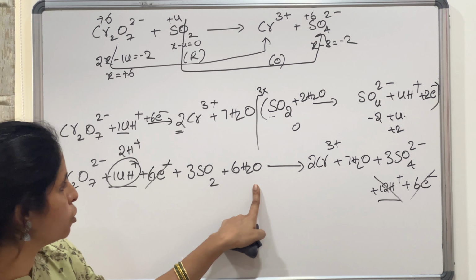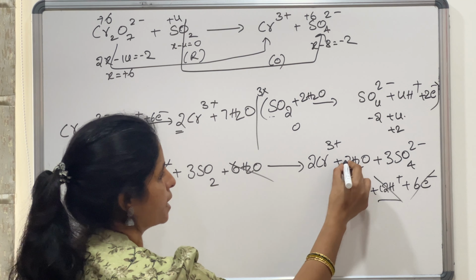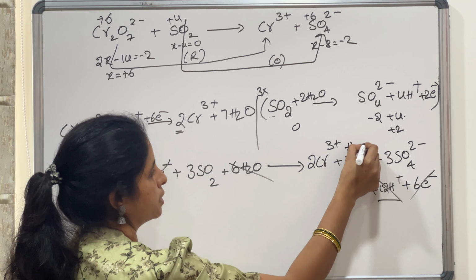Look for the H2O, for 6H2O this side, 7H2O, you will be left with 1H2O.